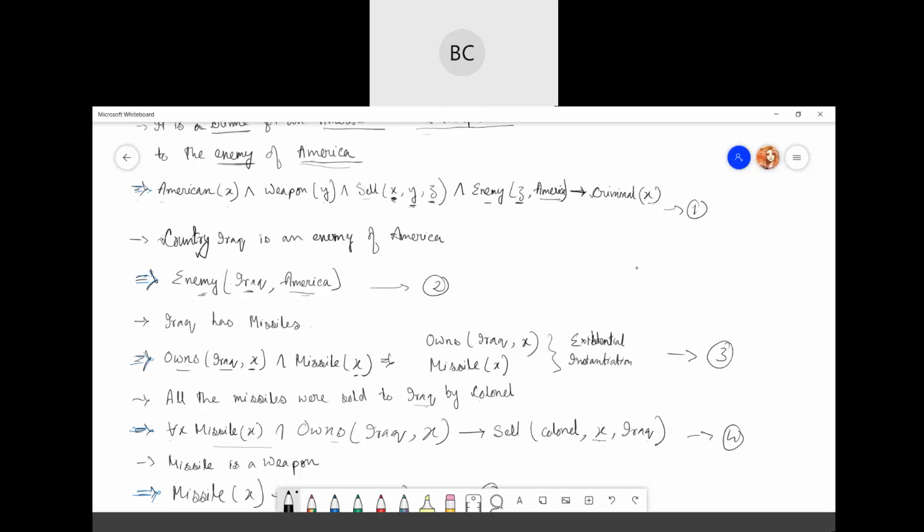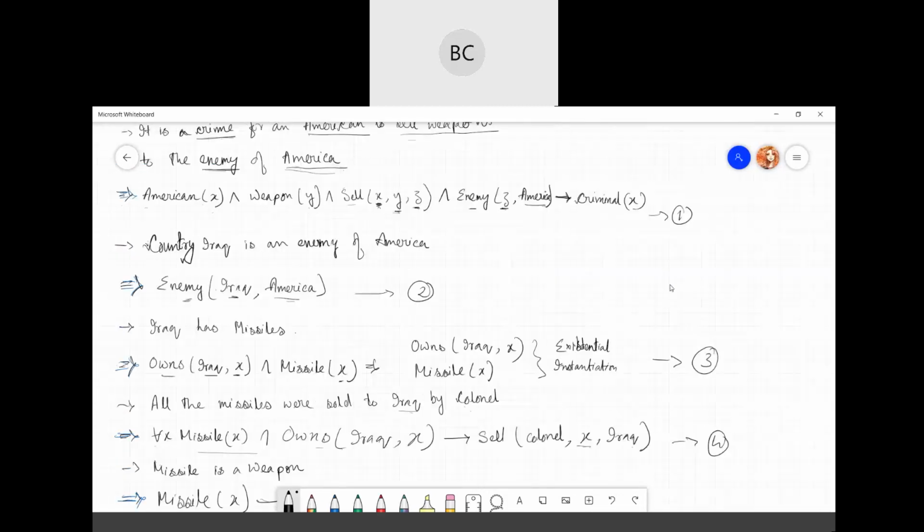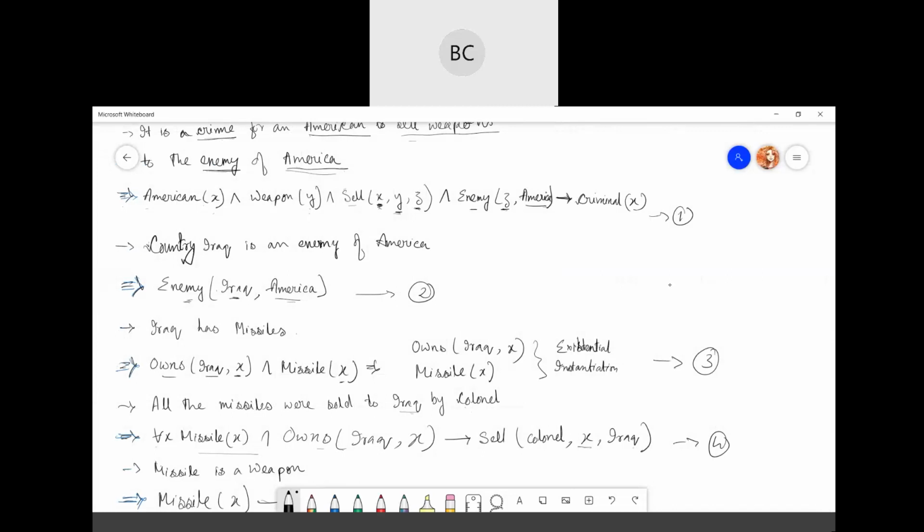Our main aim is to show Criminal(Colonel). In the first fact, we have all these conditions, then it's Criminal(X), so anyway we have to deduce this from all the things we have.